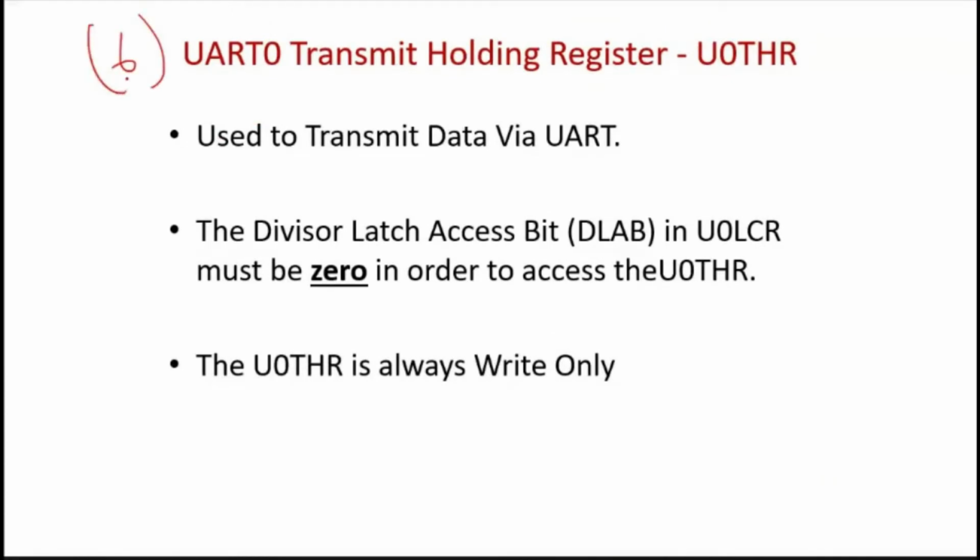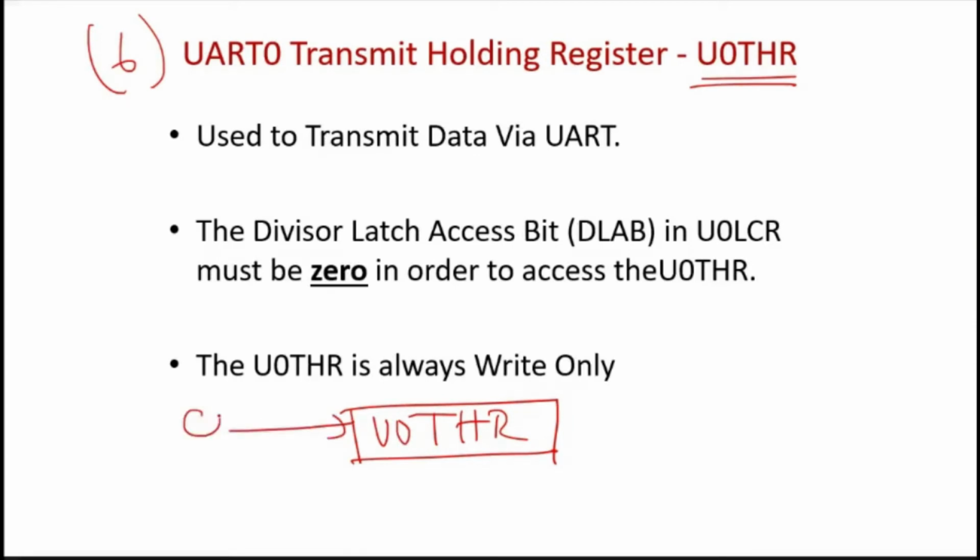is transmit holding register, THR. Transmit holding register, UART0 transmit holding register. What is the use of this register? In this case, the user supplies the data and this fellow transmits this data 1 bit at a time via the transmit pin serially.